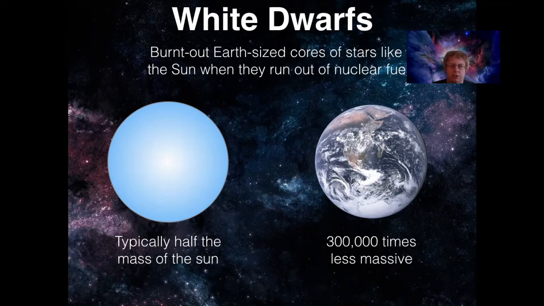It would have been more massive originally, but it lost a lot of that mass when the outer layers blew off. But it's about the same size as the Earth, and this is therefore an incredibly dense object. It turns out that the density of a white dwarf is 300,000 times that of the density of Earth. So you can pack a ton of matter into a very small area.